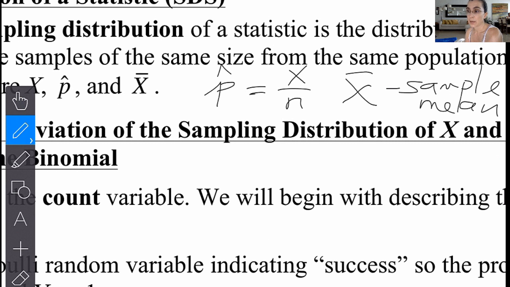Okay? Each time I grab a sample, I calculate the number of successes and I put it in my Excel spreadsheet. I do it with one sample, then I try a sample again. It's a different sample. I count the number of successes I'm looking for, and I put it on my spreadsheet. And I repeat that. Take another sample, different sample, count the number of successes, put it on my spreadsheet.